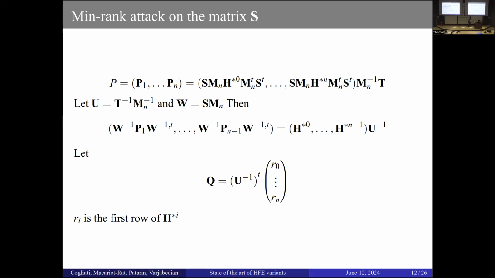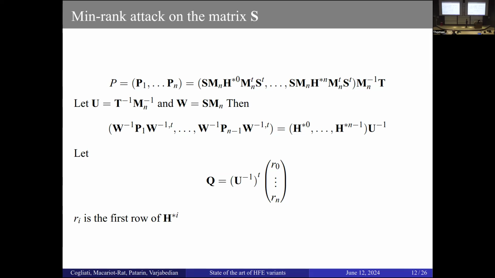We can conduct another attack, this time on the matrix S, but it's a bit more difficult to explain. So we need to recall that we have this expression of our public key. And if we move this matrix S Mn on this side, we now have a MinRank problem if we take the first row of each H star i.